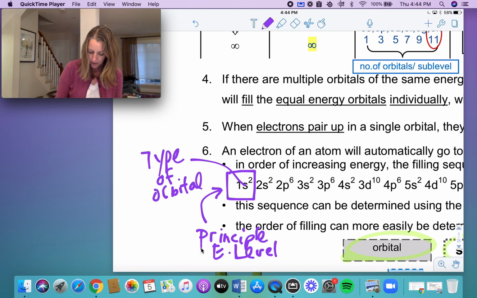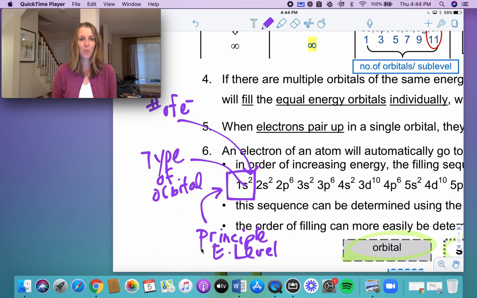And you know that the little superscript there tells you how many electrons you've got. So 1s2 means that in the first energy level, in the s orbital, there are a maximum of 2 electrons. The next one to get filled is a 2s orbital. It also can hold a max of 2 electrons.